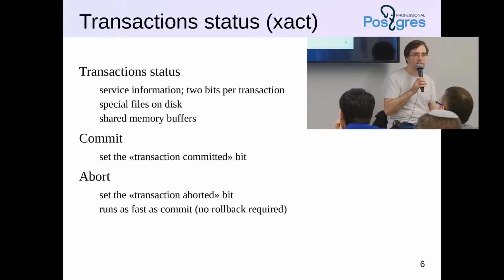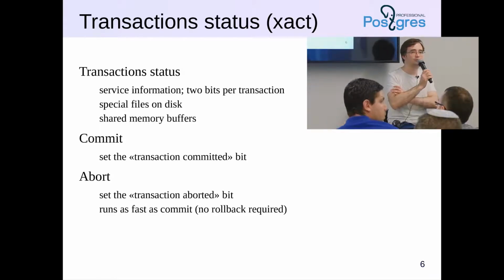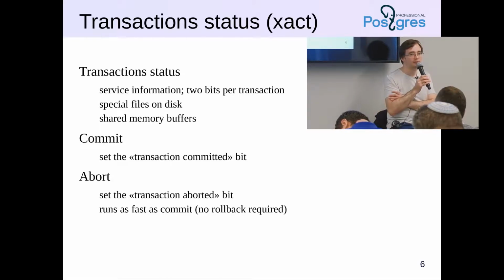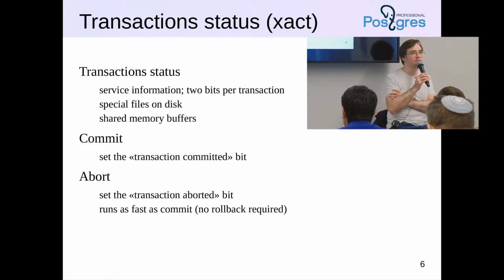For multi-version concurrency control to work, we need to know the state of each transaction in the database. The status of transactions is stored in a special structure which is called xact. In Postgres before Postgres 10, it was called clog or commit log.